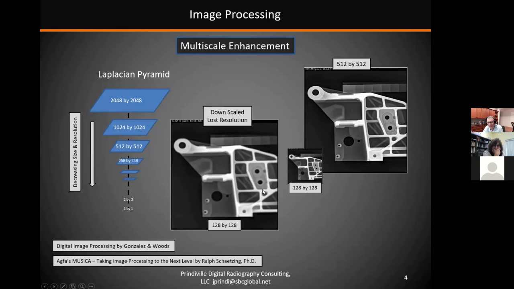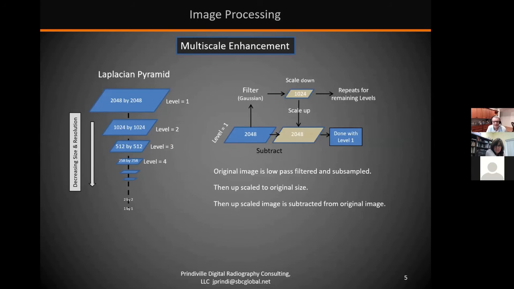I'm going to lose fine detail when I do that, but that's okay. I'm not finished with this process. That's one thing I'm going to do, but I'm going to do it in a certain sequence. I'm going to start with my 2048 by 2048.